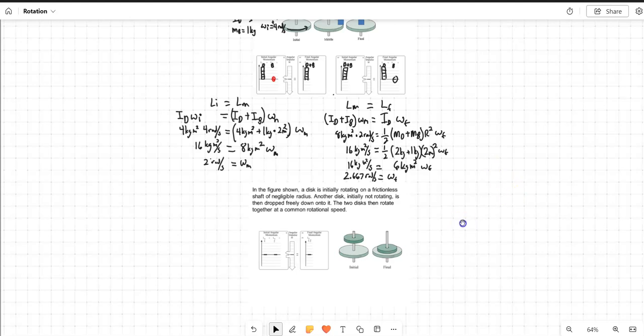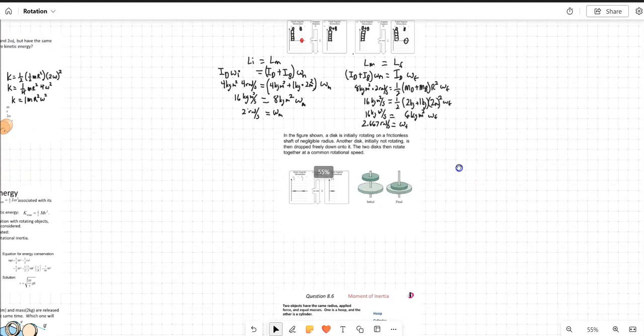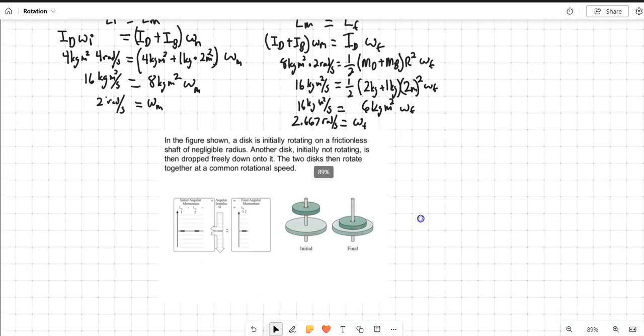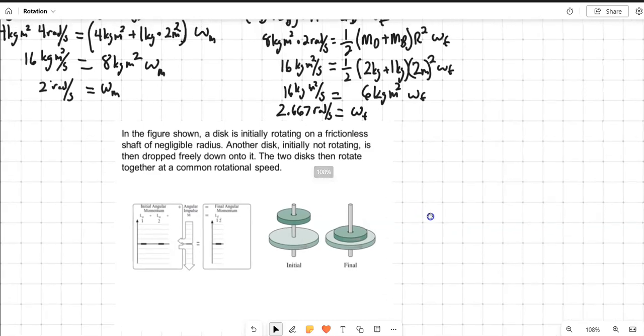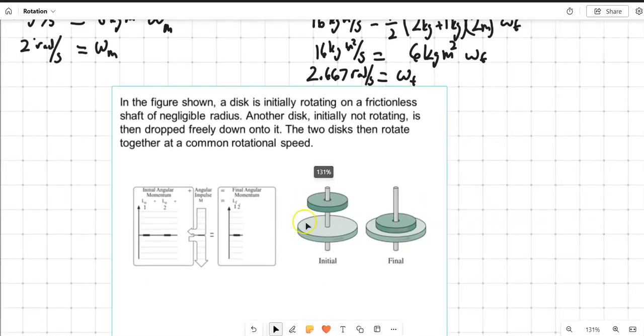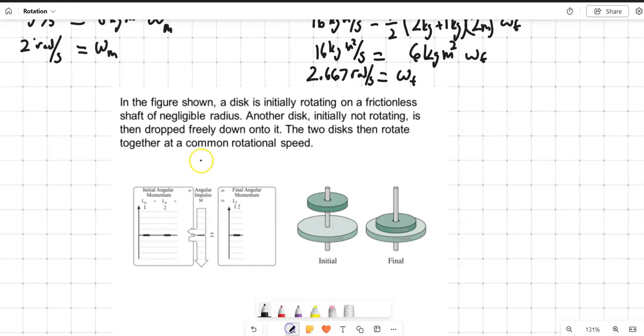Okay. Another classic problem that we typically have to do, and this is less complicated, is suppose you have one disk spinning. Let's change it up.